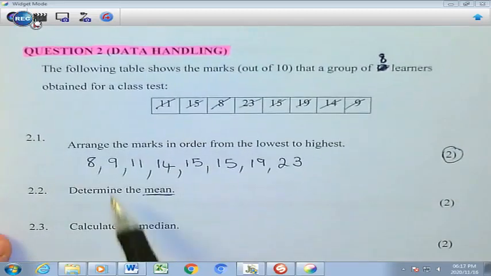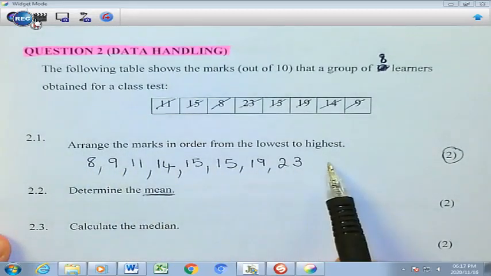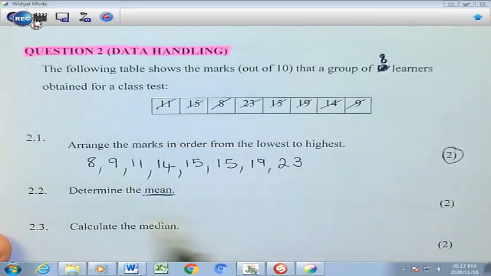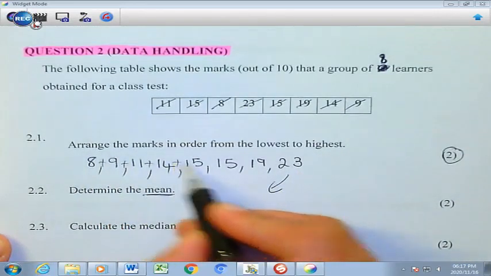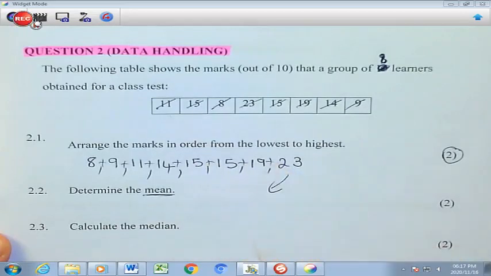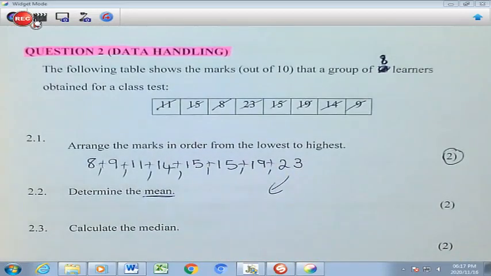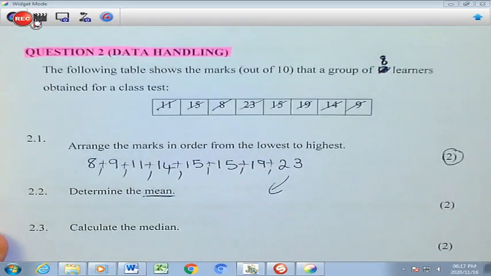The mean, very important. We take all these values and you add the values. You add up, in this section here, all these values: 8 plus 9 plus 11 plus 14 plus 15 plus 15 plus 19 plus 23.